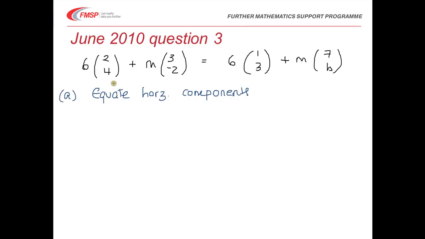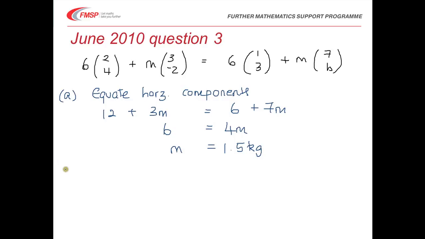So you're going to have 6 times 2, which is 12, plus m times 3, which is 3m, and that will be equal to 6 times 1, which is 6, plus 7 times m, and that means now we have an equation just involving m. So that means that 6 is equal to 4m, and m is equal to 1.5. So that will be 1.5 kilograms.